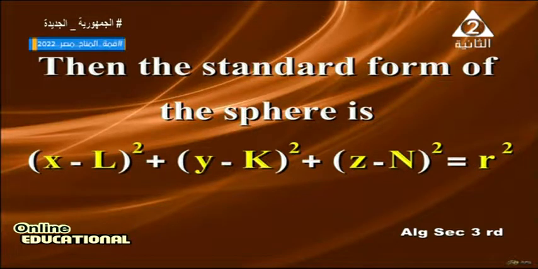R is the radius of the sphere. Remember, the first bracket x minus L, the second bracket y minus K, the third bracket z minus N. Remember, x has no coefficient, y has no coefficient, z has no coefficient. It's called the standard equation of a sphere.